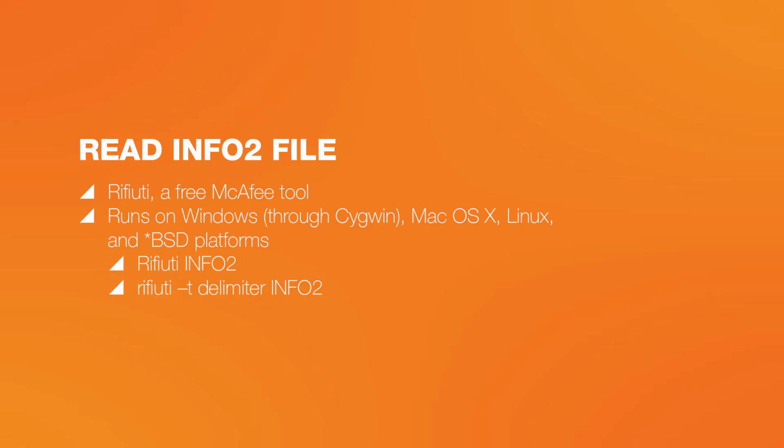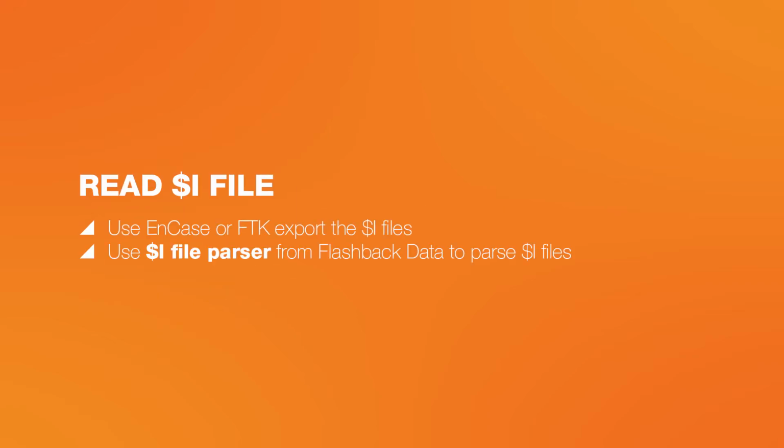Rifiuti supports multiple platforms and will run on Windows, Mac, Linux, and BSD platforms. To parse the $I file, you only need to follow the file structure for $I. After using FTK and EnCase to export the $I files, free tools such as $I File Parser from Flashback Data will parse the $I files.